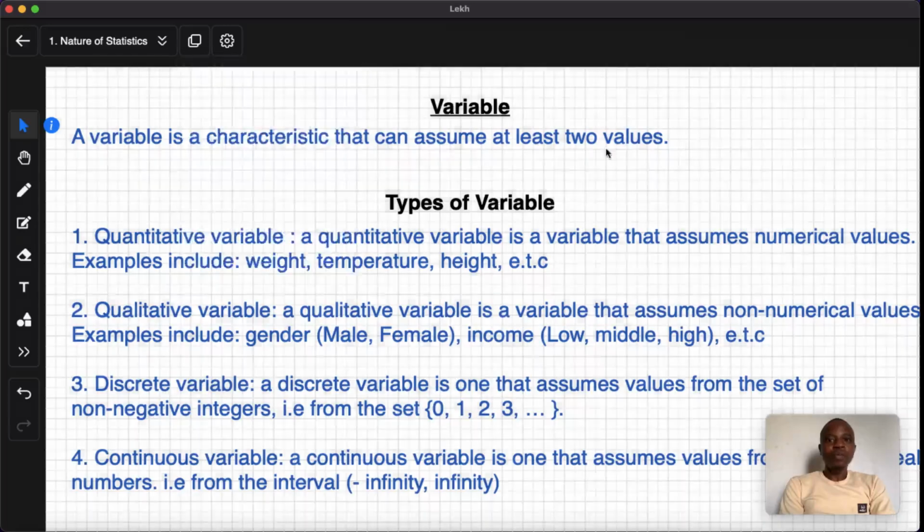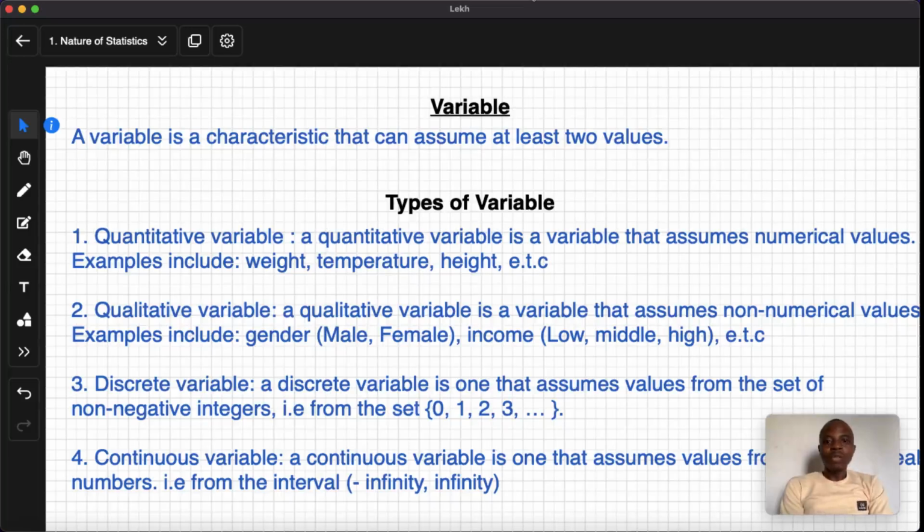All right, going on, what is a variable? A variable is a characteristic that can assume at least two values. So it can assume two values or even more. There are some types of variables that we may have. The first one is the quantitative variable.